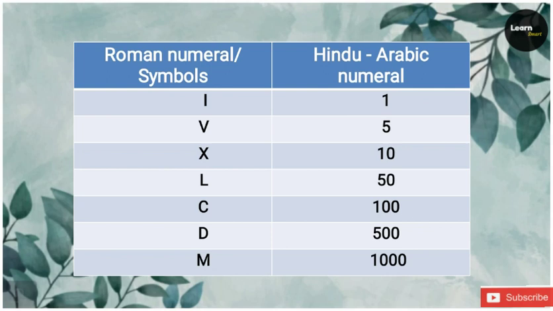In Hindu-Arabic numerals, I represents 1, V represents 5, X represents 10, L represents 50, C represents 100, D represents 500, M represents 1000. You must have seen Roman numerals on clocks, chapter headings, ancient building dates, and your classroom numbers.